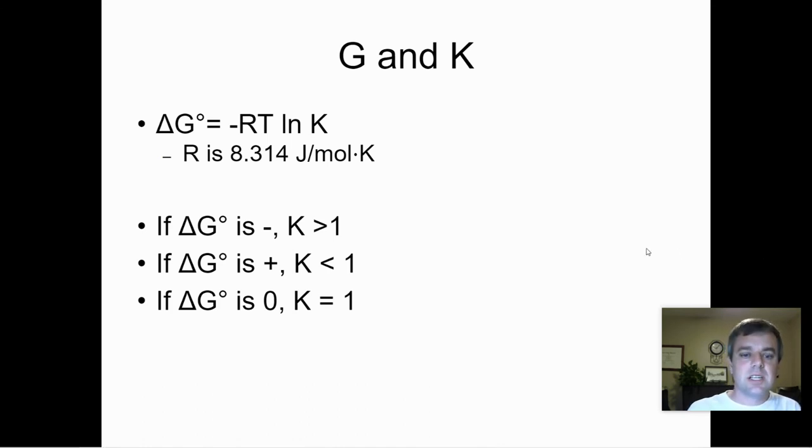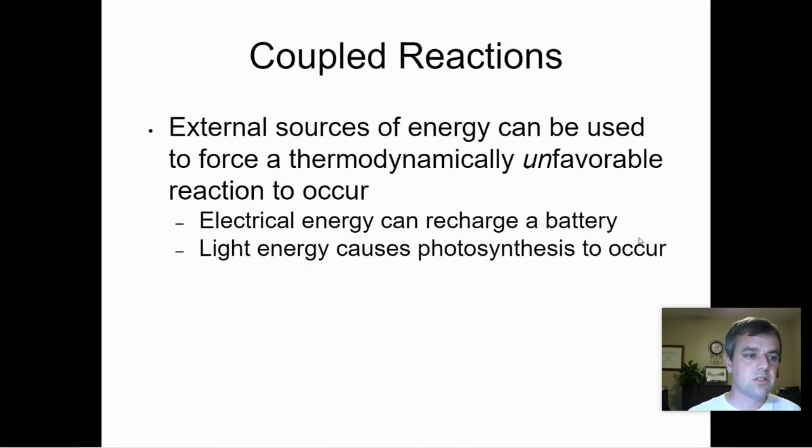There's one more thing to finish up today before we start the electrochemistry part of this unit tomorrow, and that is coupled reactions. This is where external sources of energy can be used to force a thermodynamically unfavorable reaction to occur. For example, with a cell phone, it is not favorable for that battery to recharge.